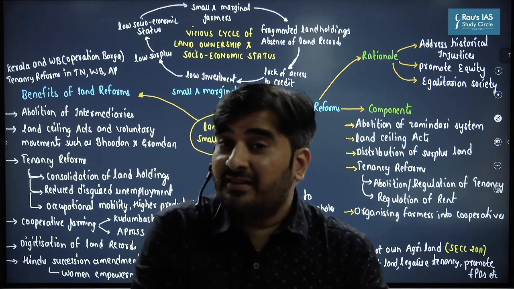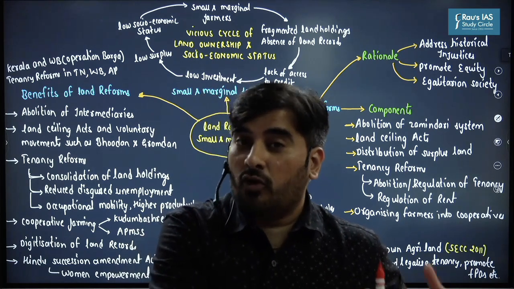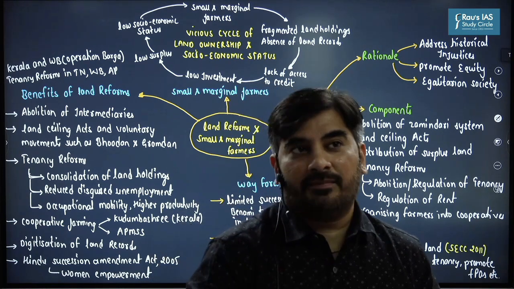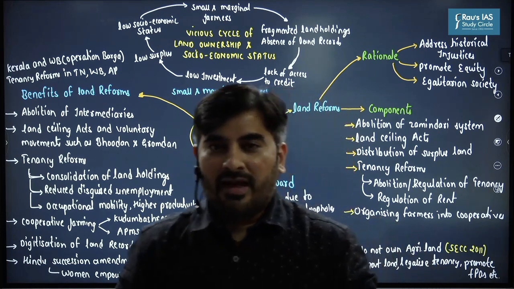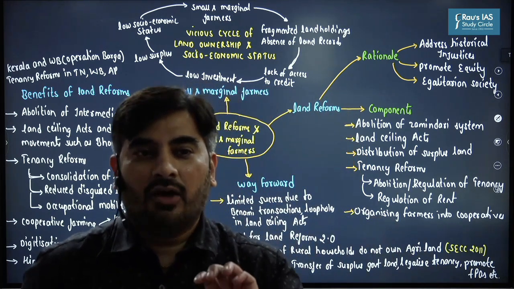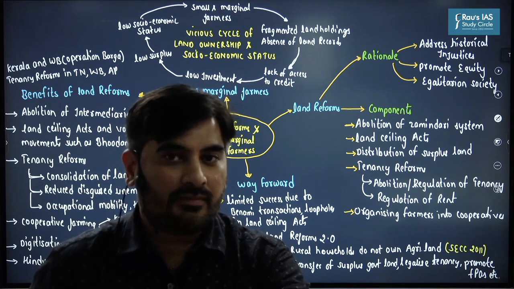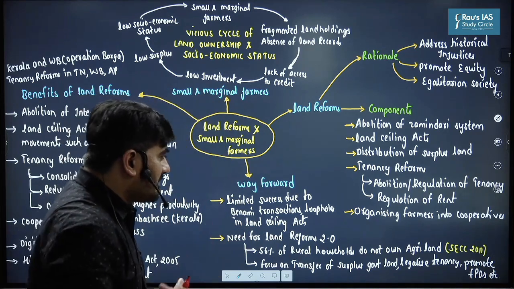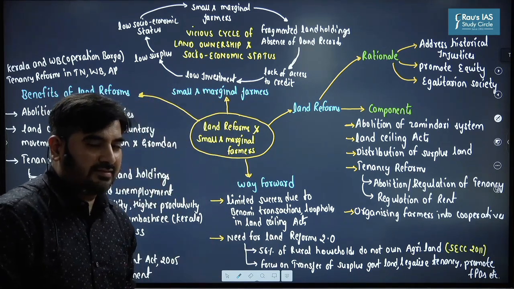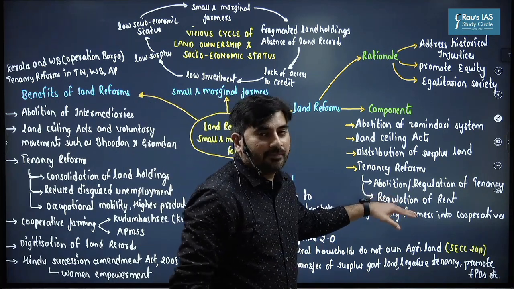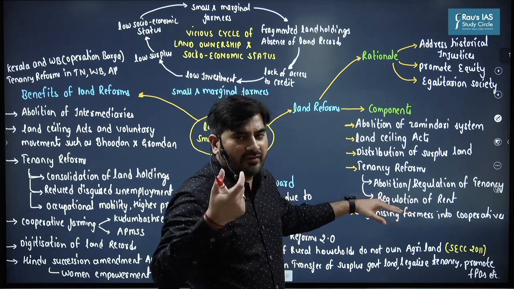So different states have adopted different tenancy laws. Some states have completely abolished tenancy. Some states have legalized tenancy. Some states allow agricultural land to be leased out. And in whichever states they have legalized tenancy, they have also provided for regulation of rent, as to how much rent can be collected from the farmers.